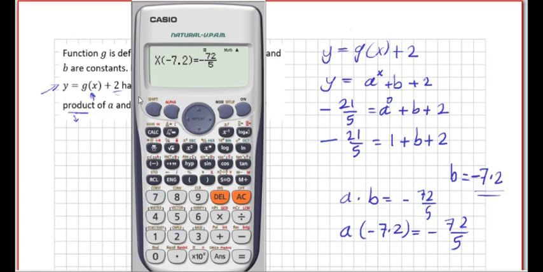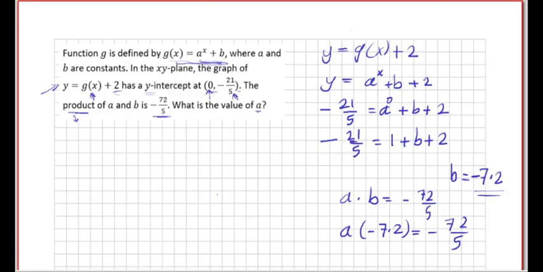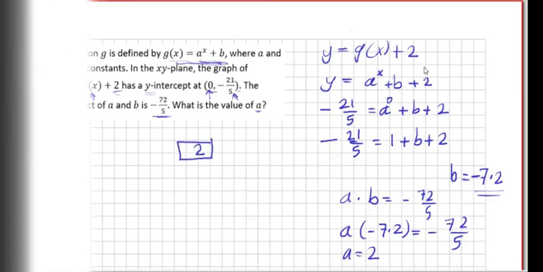And we press shift calc equals to get the value of a, which is equal to 2. Here it's represented as x, but we know that the only variable in this equation is a. So a here can be replaced with 2. You can write a equals 2, and this is the answer to this question. 2 is the correct answer.